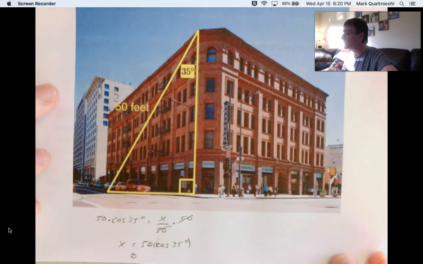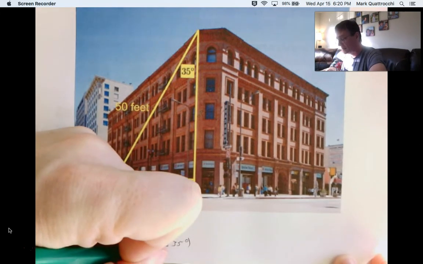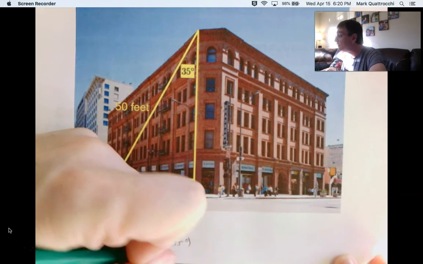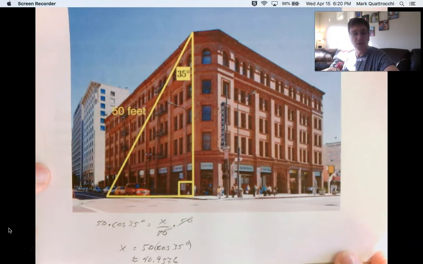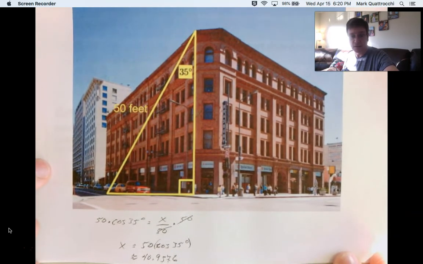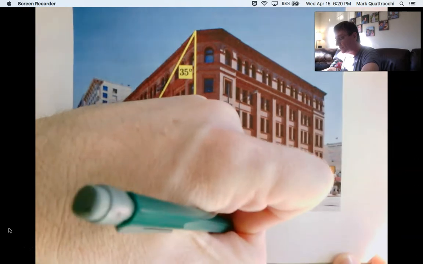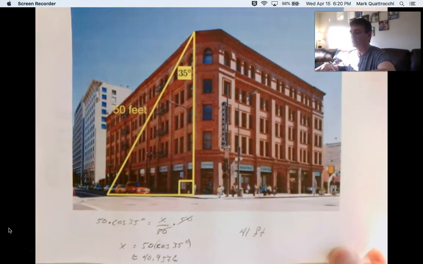If you don't get 40.9576, then you've put it into your calculator incorrectly, or you are still in radians, and you need to switch it over to degrees. This problem said round to the nearest foot, so 41 feet is the answer to example 3.